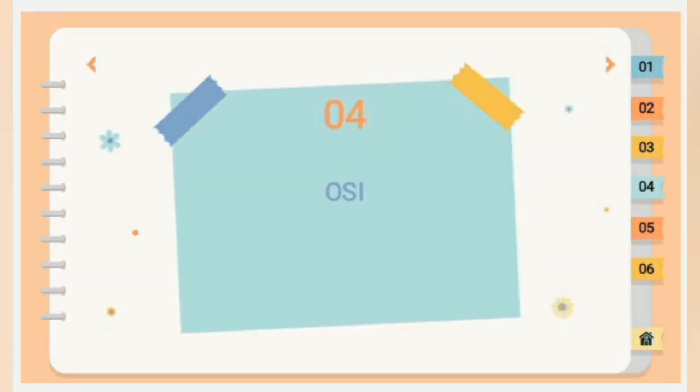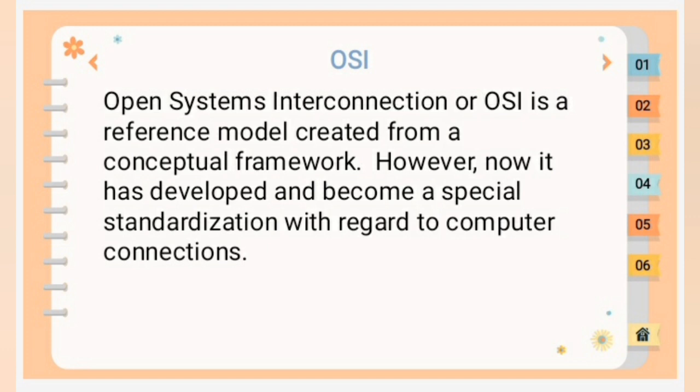Next, OSI. Open System Interconnection or OSI is a reference model created from a conceptual framework. However, now it has developed and become a special standardization with regard to computer connection.